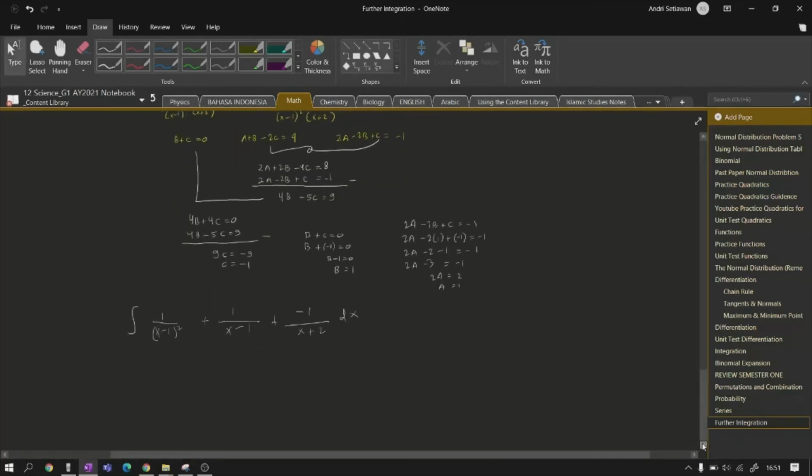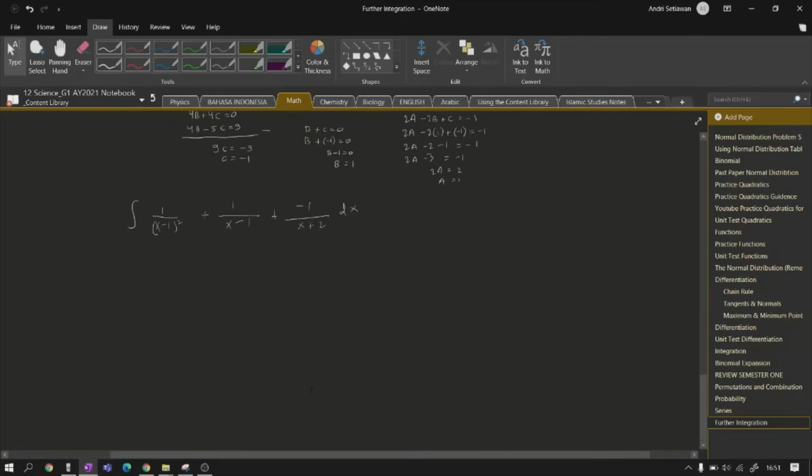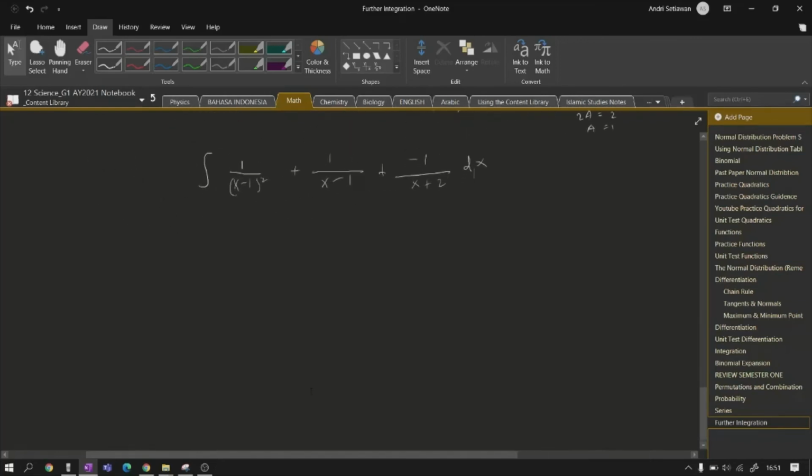Similar to the previous example, we can break it into several parts. So we get the new form: integral of 1 over (x minus 1) squared dx, plus integral of 1 over x minus 1 dx, and the last is minus integral of 1 over x plus 2 dx.